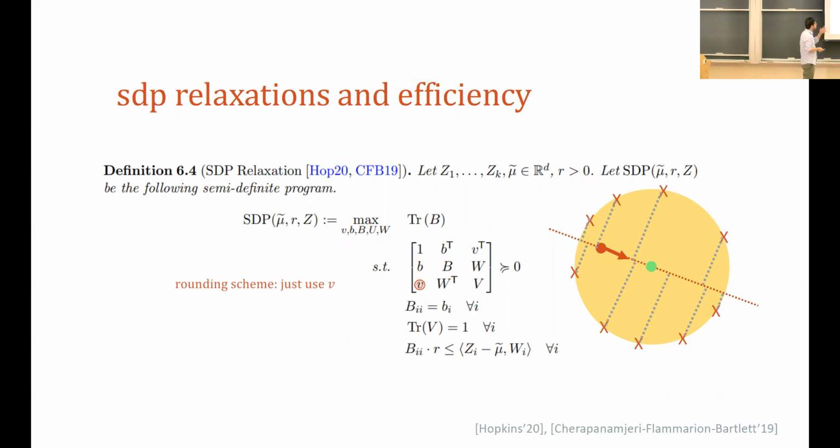If we relax the quadratic program in a very standard manner, we are going to have the following SDP. The details are not important, but the nice thing about this relaxation is that it's going to have every property that the quadratic program had. For example, if it has low value, then the point is going to be central. If it has high value, its certificates are going to take us to the true mean. So we can just solve this SDP, and this gives us a polynomial time algorithm. We can, again, move towards the true mean.